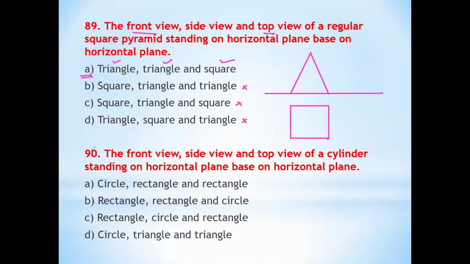Now next, question number 19. The front view, side view, and top view of a cylinder standing on the horizontal plane, based on the horizontal plane again. Okay, so we'll draw here again.